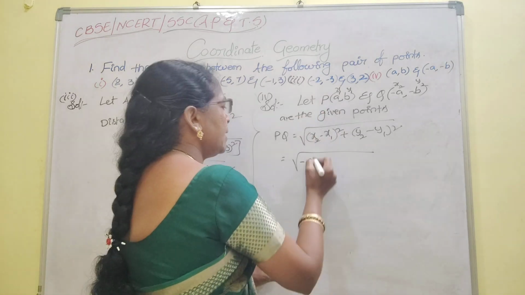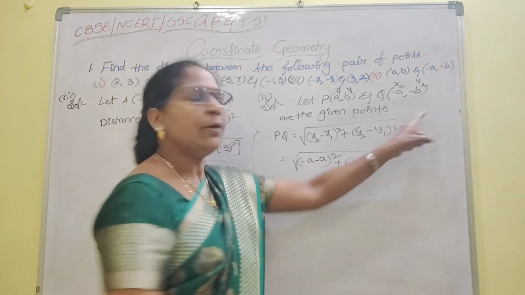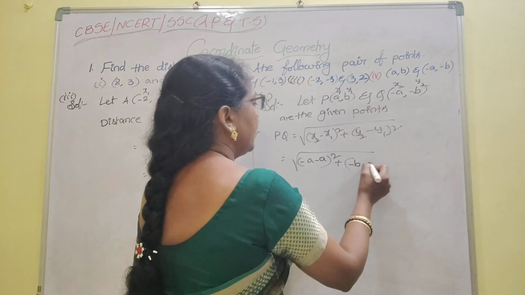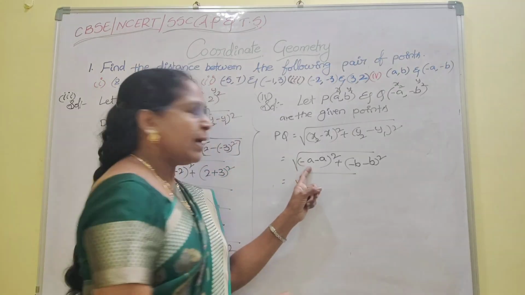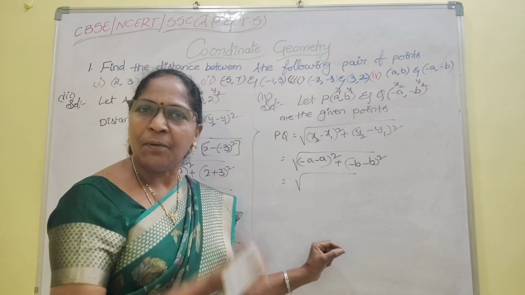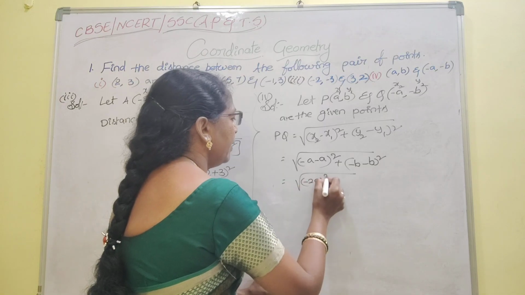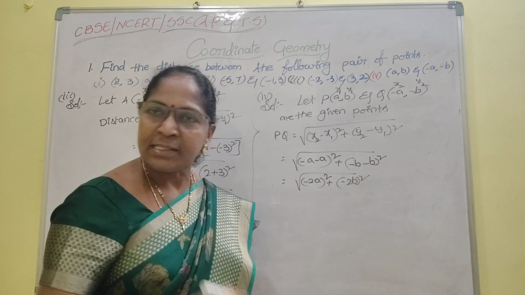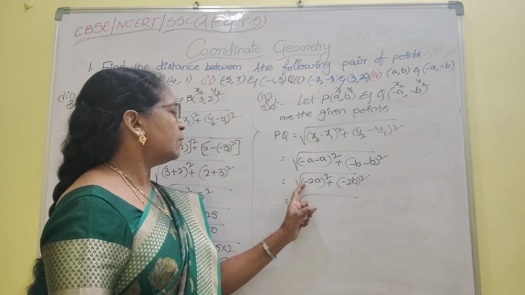Again x1 is a, so minus a minus a whole square plus y2 equal to minus b, again y1 is b, whole square. That equal to square root of minus 2a whole square plus minus 2b whole square.